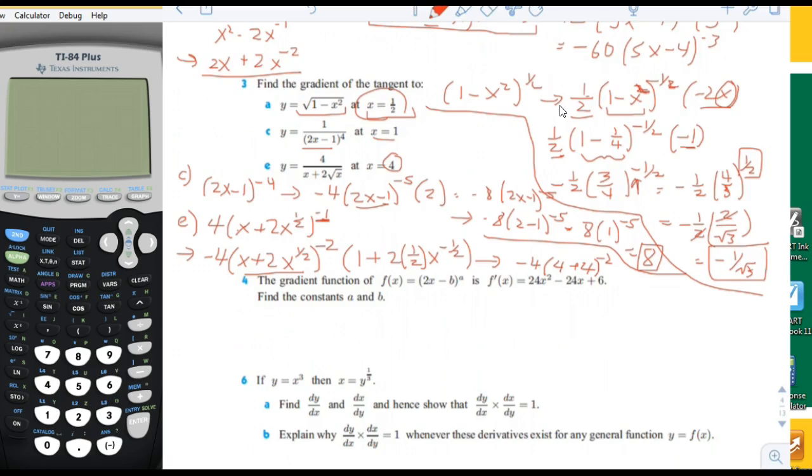Then I multiply that times, let's see, 1 plus... if I put 4 in for this x here, first I take the square root of 4 and I get 2, and then I invert it, so I get 1/2.